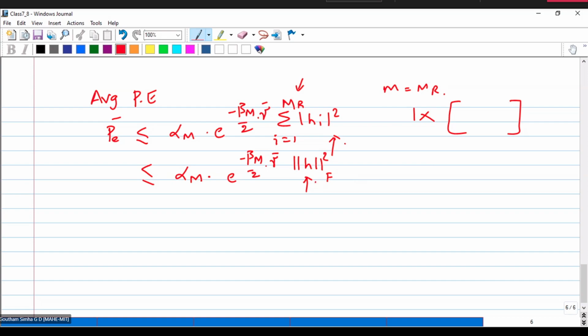Now, why I have written it in terms of Frobenius norm is that you have an MGF based approach. In this MGF based approach, you can find the expectation over the matrix. That expectation can be written in this fashion.